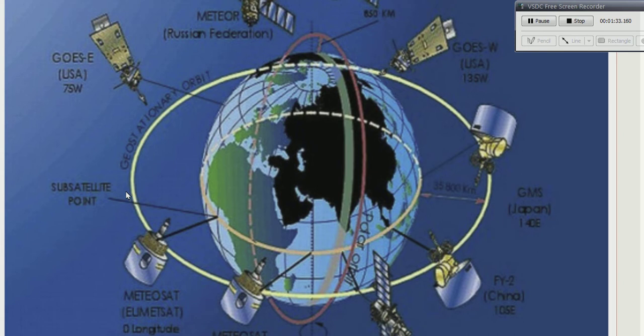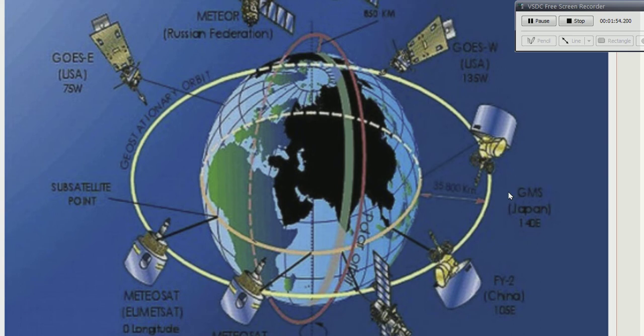It rotates in the same sense as the earth, with the same period of revolution as that of the earth about its own axis. Basically it takes 24 hours to complete a rotation. Clear? So this is called a geostationary satellite, and this orbit is called the parking orbit.